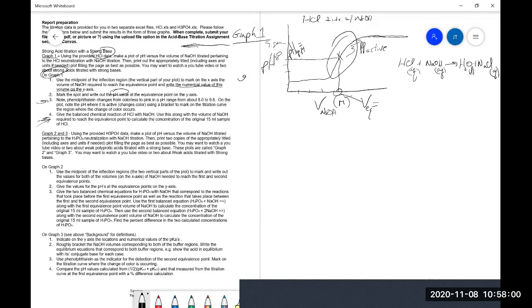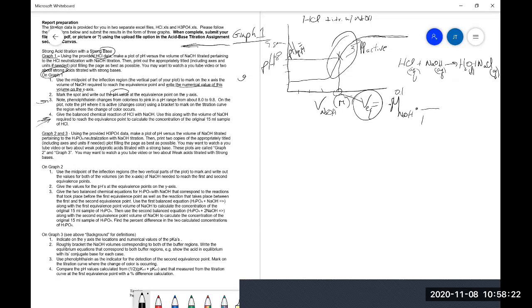All right, so I have the volume of NaOH at equivalence point. If I multiply that by the molarity of NaOH, which you're going to look back into the lab and see that it's 0.1 molar, then that's going to give you the moles of NaOH.